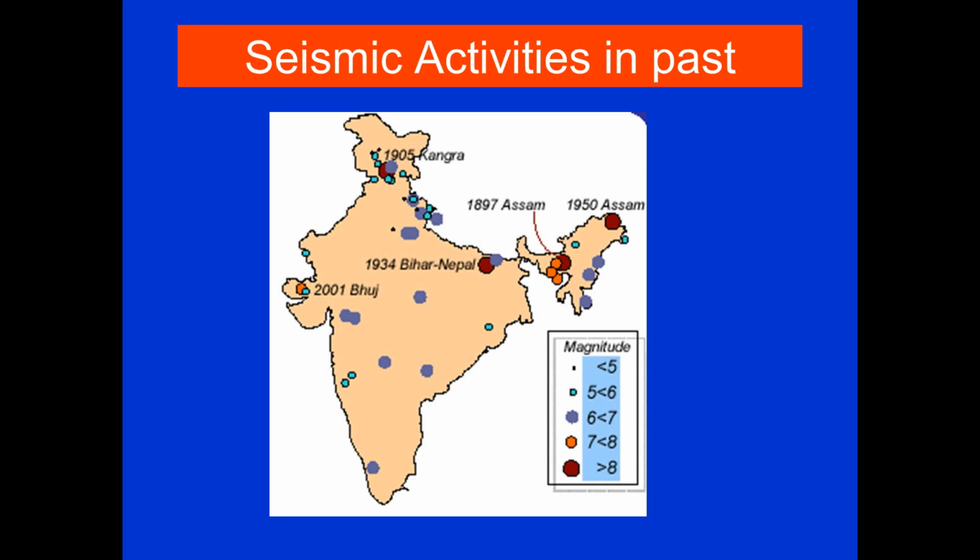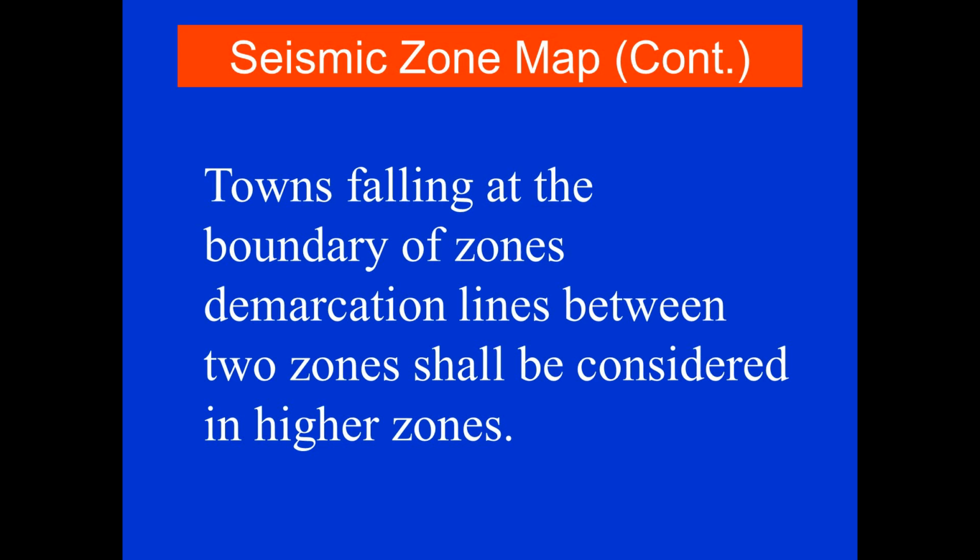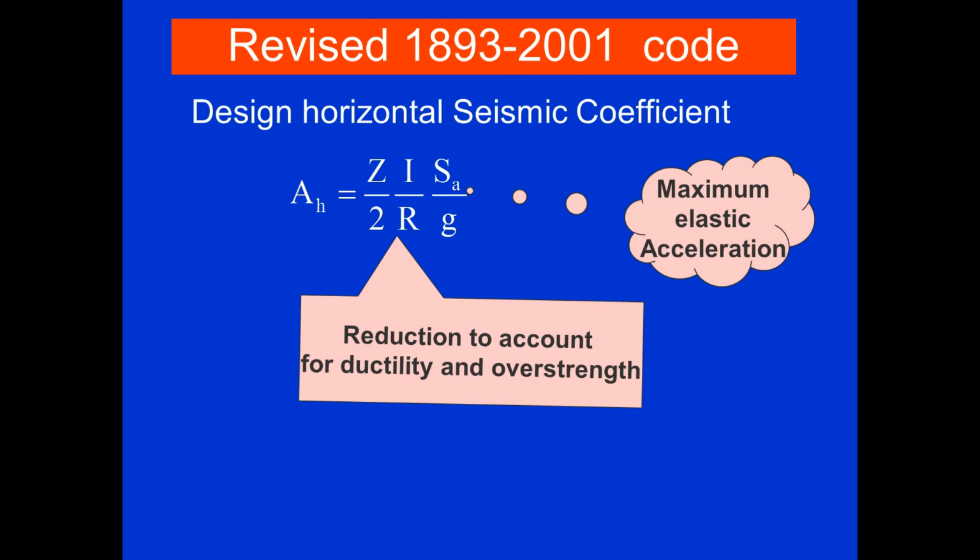It was a very disastrous earthquake in the history of Indian earthquake data. For a town falling at the boundary, the demarcation line between two zones, it shall be considered in the higher zone. These are the revisions.